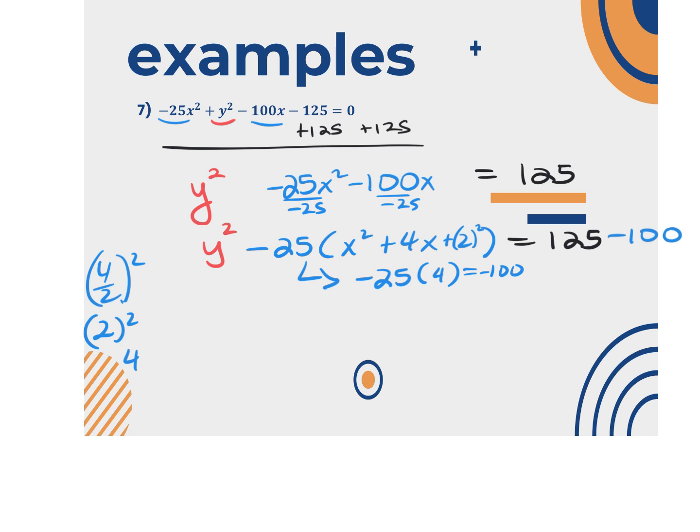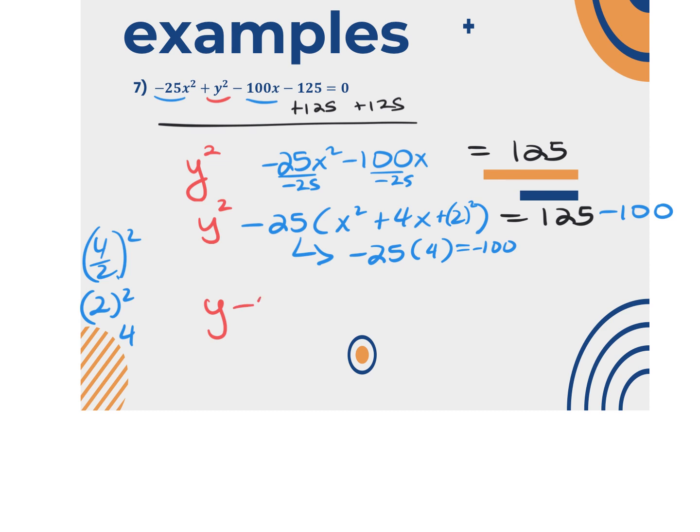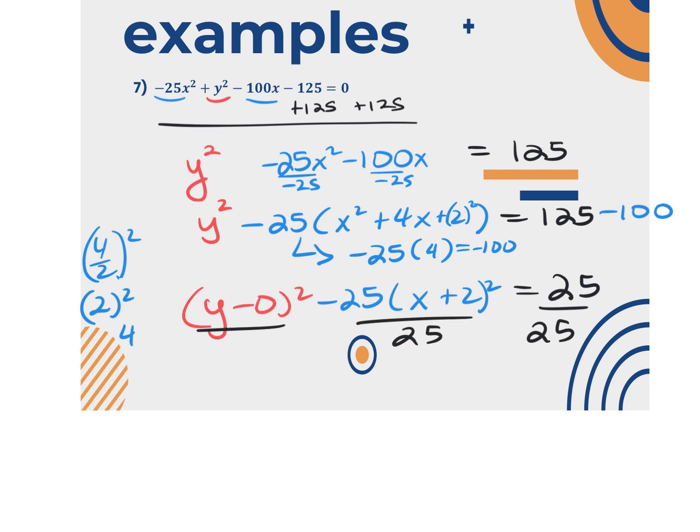So now I can go ahead and factor the red. So this is really y minus 0 squared. Negative 25 times x plus 2 squared. And then equals 1. Nope, sorry. Equals 25. And now I have to divide everything by 25 to make my equation equal to 1.